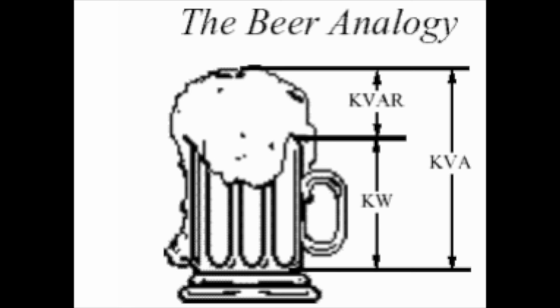We'll jump into that a little bit later. I don't want to get too in the weeds. Right now, we just want to know that we are as close to 1.0 power factor as possible, so that the generator is running at its peak and is giving you the most amount of beer and the least amount of foam, per our analogy here.